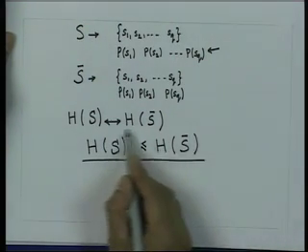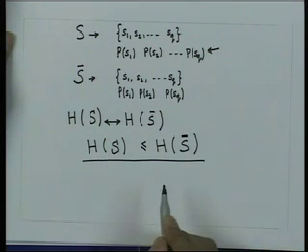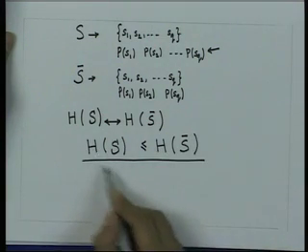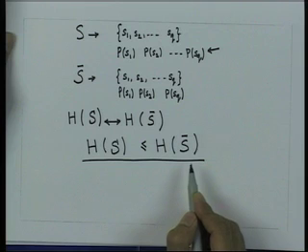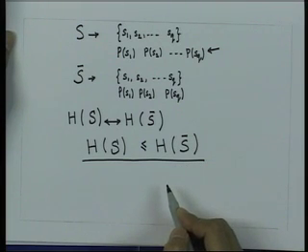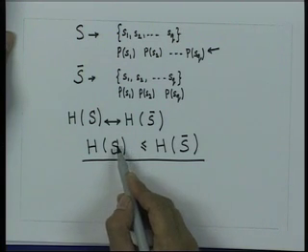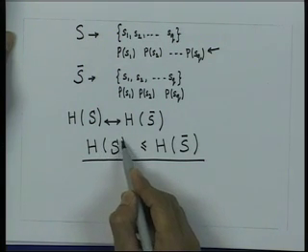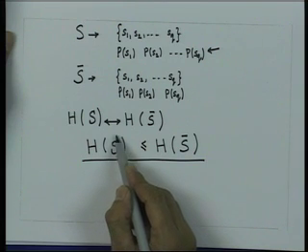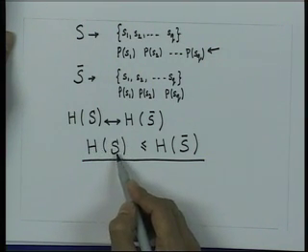Now, to prove this relationship in general for an mth order Markov source is a little bit involved. So, what I will do is try to simplify this source S. For our derivation, we will assume that this source S is a first order Markov process.